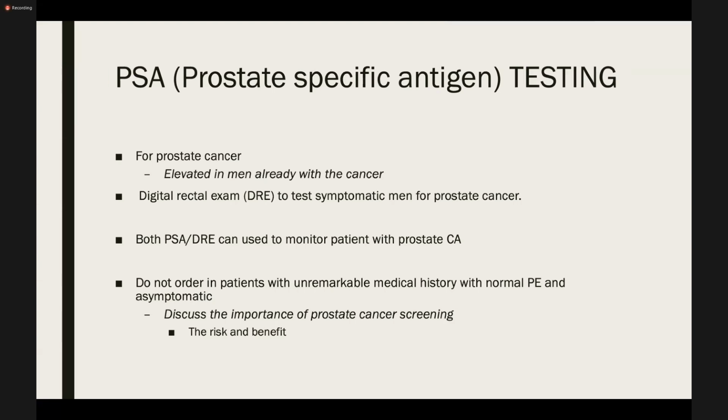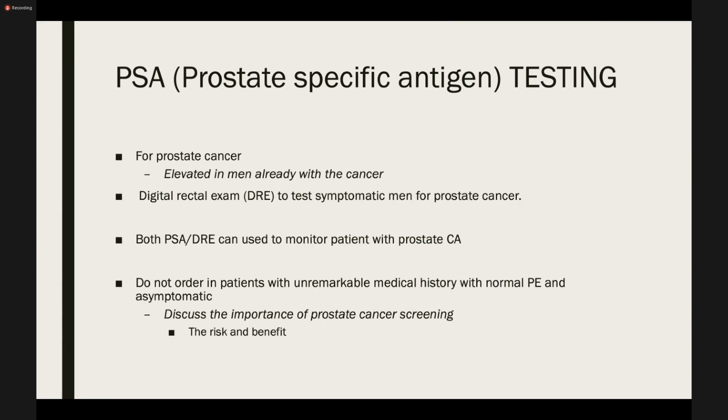Okay. Now, when you have someone that is elderly, can you order PSA? Yes. First, you do the exam first though. Just like when you have a patient that's got poor circulation, you do ABI first, always, right? Same thing here. Always do the digital rectal exam first. That's your first line.